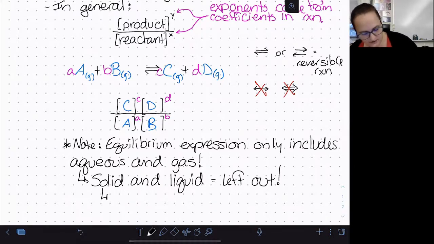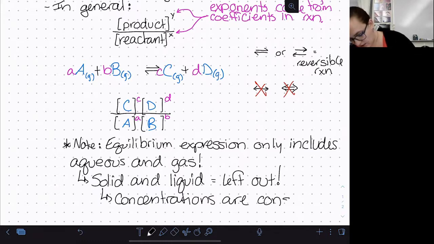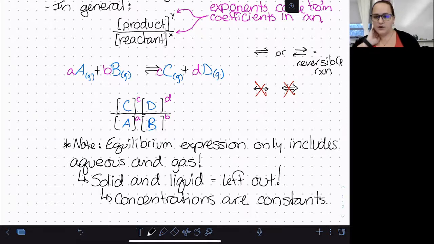And this is because the concentrations of these things are constant. They cannot be changed. With something that's aqueous, the concentration changes depending upon how much solvent you dissolve it in. With a gas, the concentration changes depending upon how much volume it's allowed to occupy.